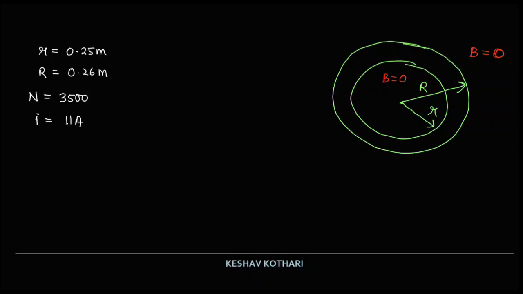So if I calculate the mean length which we are going to consider, the mean length of the toroid, then I am considering it as 2 pi times (capital R plus small r) by 2. So we are taking the mean radius of the toroid and calculating the total length L which it is offering.